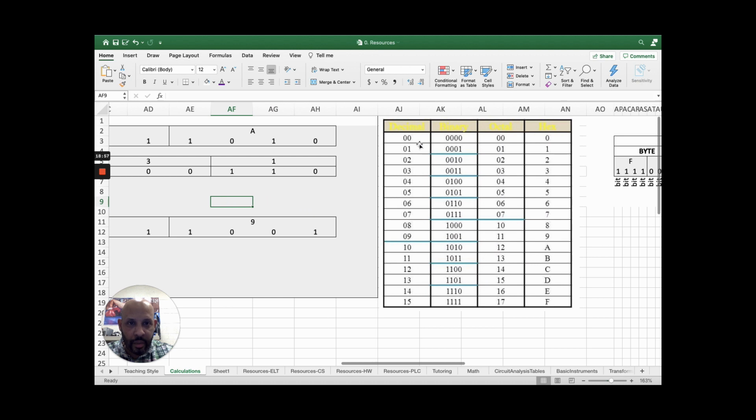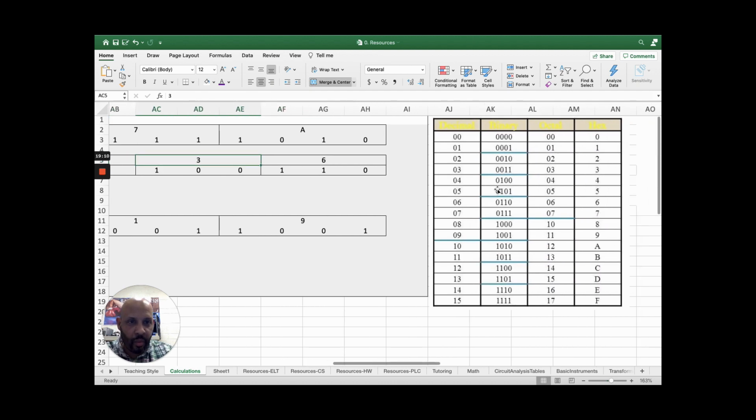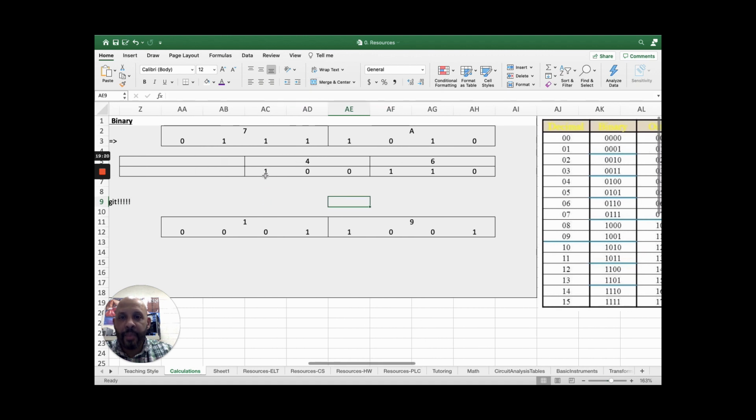What is 110? 110 is a 6. And then what about 100? Let's find 100. 100 in binary is 4 in octal. So now what we're saying here is that these series of bits represent a 46 in octal.